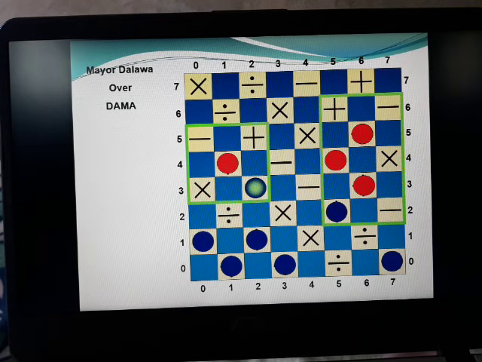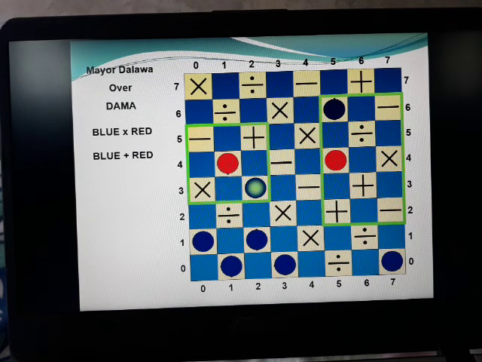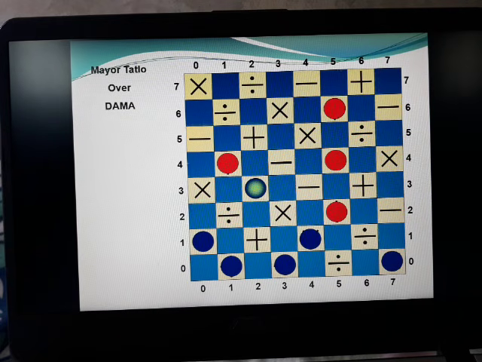So, mayor dalawa over Dhamma. Here, a blue chip or regular chip takes two red chips compared to a Dhamma that takes one chip. Blue times red, and then blue plus red. Mayor tatlo over Dhamma.